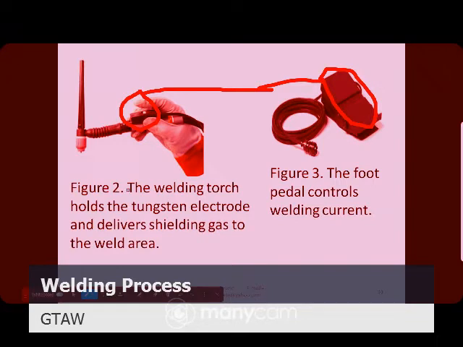So this figure shows the welding torch holds the tungsten electrode and delivers the shielding gas to the welding area by using this amperage control button. And this shows the foot pedal controls the welding current. We call this the remote type control.